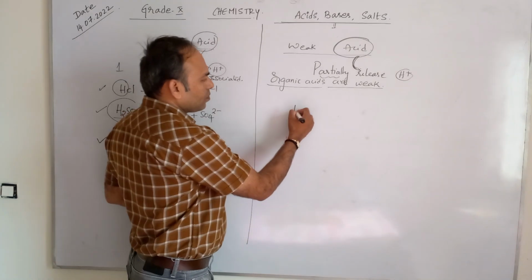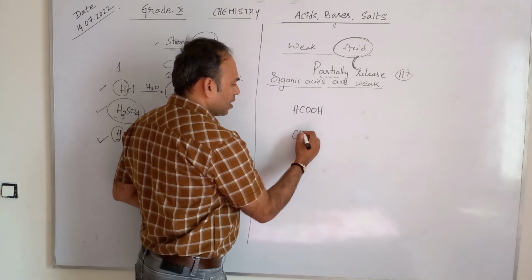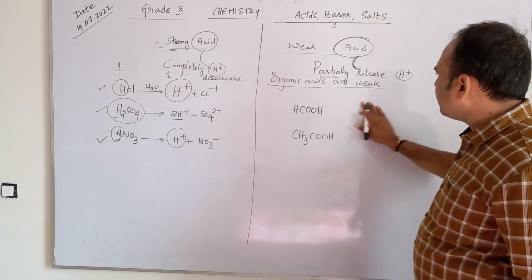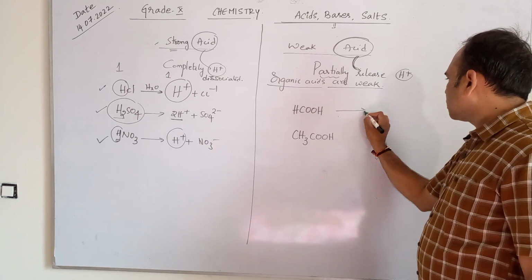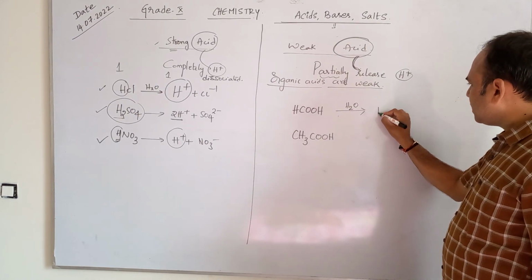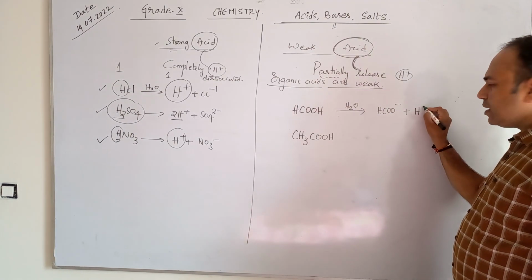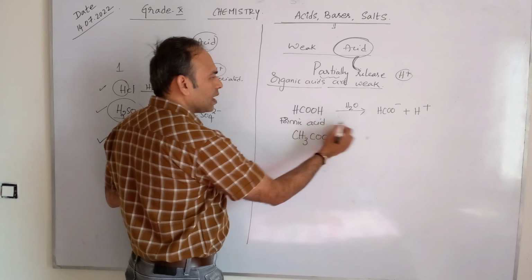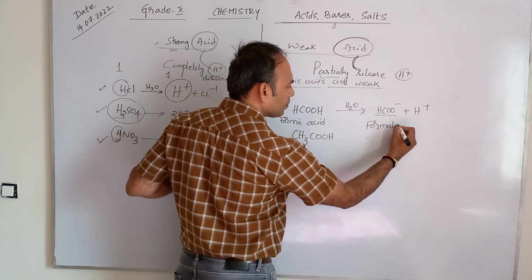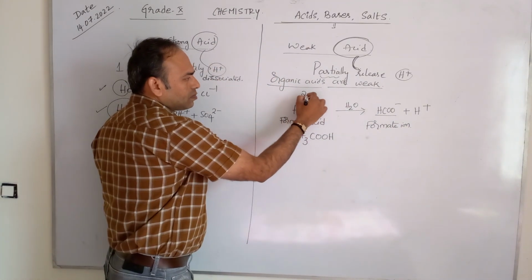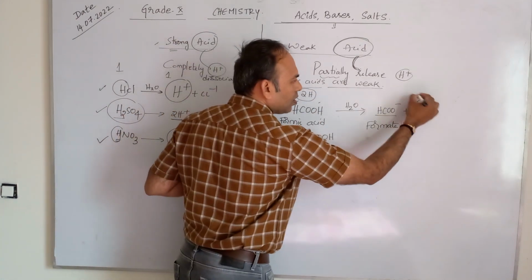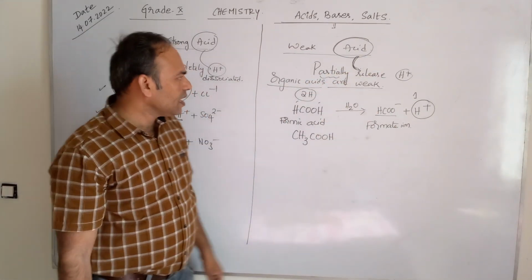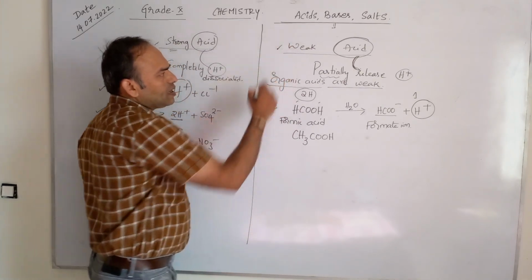Coming to the organic acids, formic acid, acetic acid, you can take these. If you take organic acids, now what will happen? In the presence of water, HCOOH will split into HCOO minus and H plus. You know what is meant by HCOOH? It is called formic acid, and this ion is called formate ion. Now, how many hydrogens are there? 2 hydrogens. But how many protons are there? Only 1 proton. It is not completely dissociated, it is partially dissociated. Hence, we can call formic acid a weak acid.